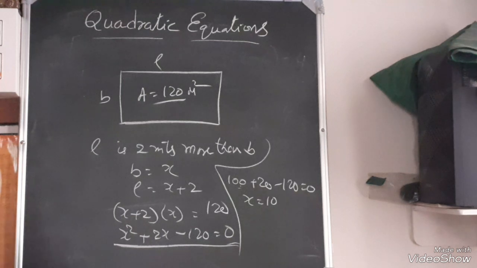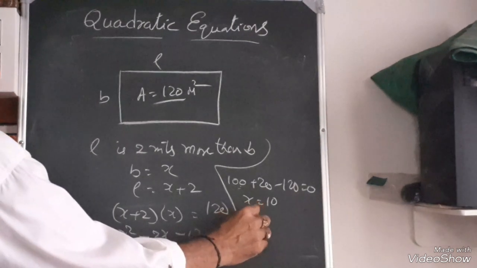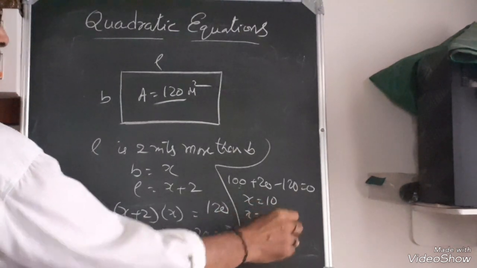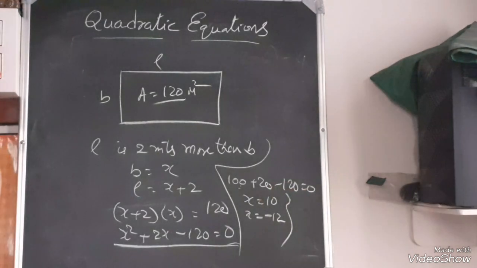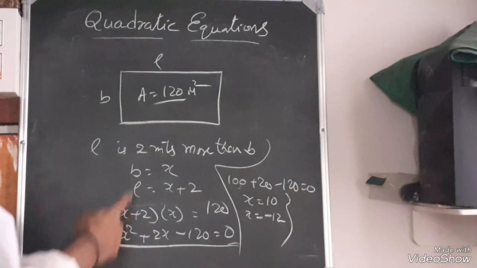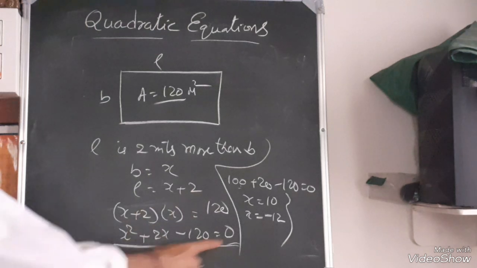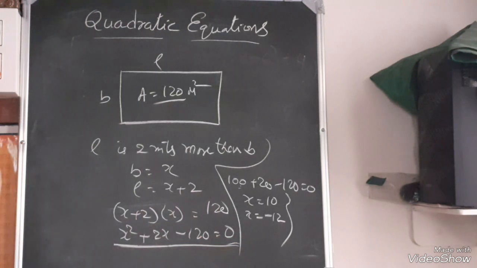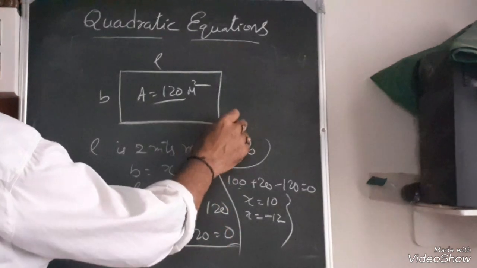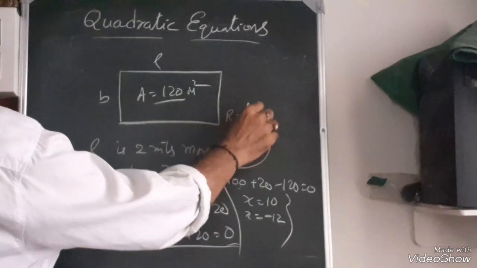And the other value we can have is minus 12. So these two are values of x. If you substitute them, we get the equation is satisfied. So these two values are called solutions, or we can also call them roots of the quadratic equation.